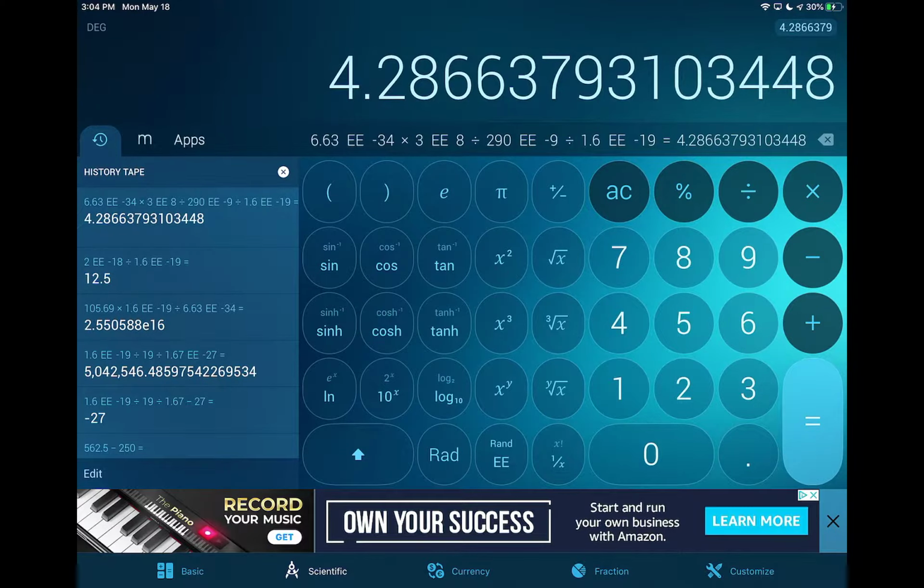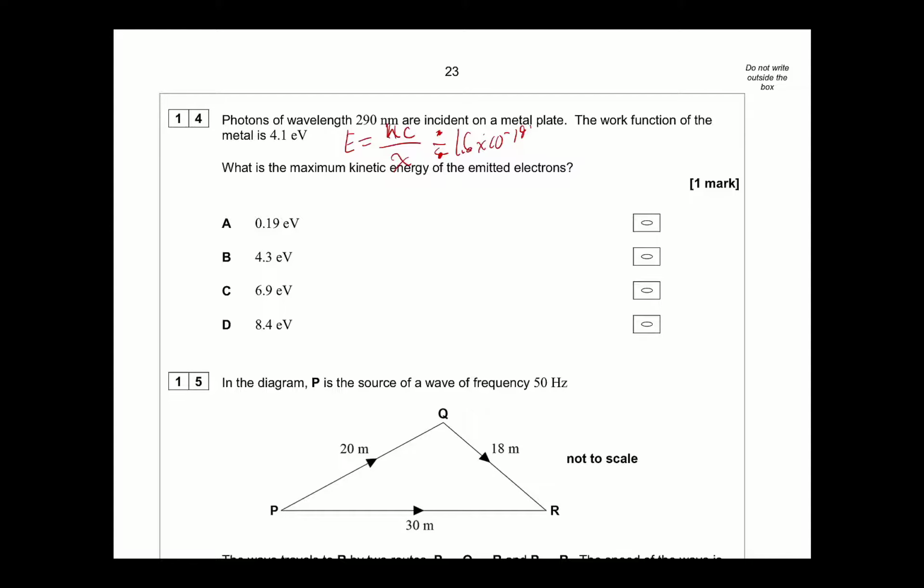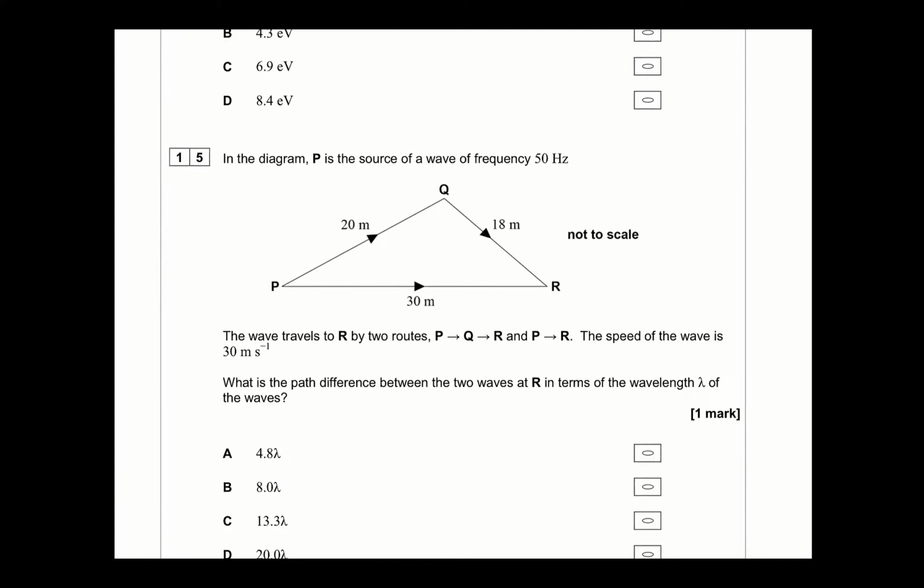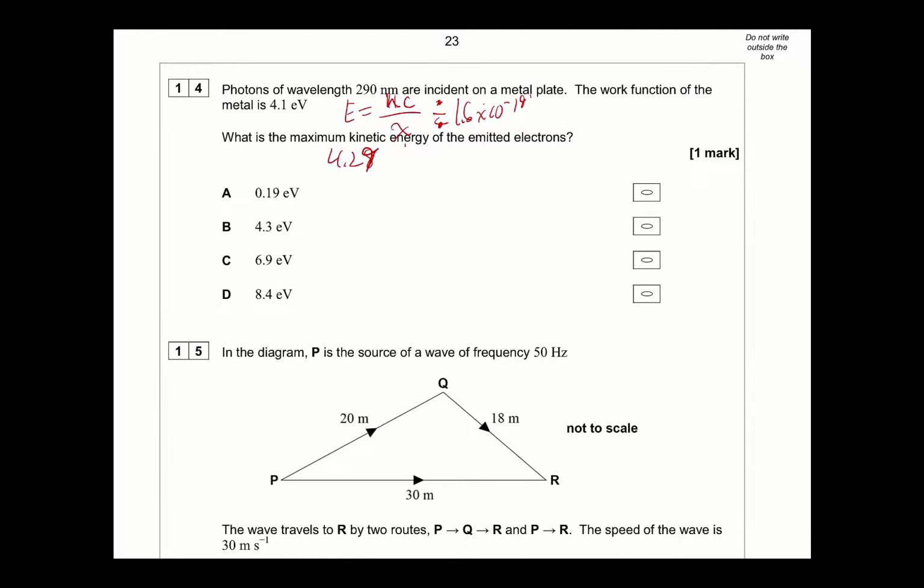So 4.28, or 4.29 actually, minus the work function, 0.19.